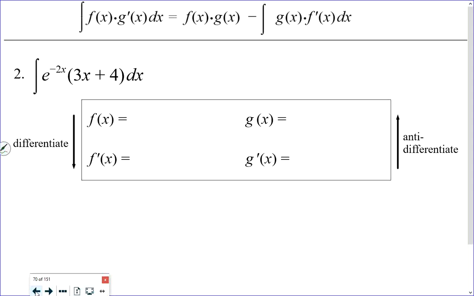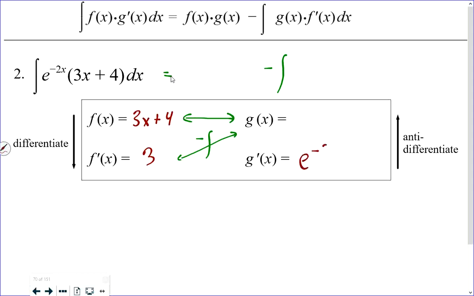Because, and I'm going to actually cut to the chase here, it's going to be the product of these two, but more importantly, it's minus the integral of the product of these. So if we choose 3x plus 4 as f of x, that new integral doesn't contain 3x plus 4. It contains something simpler. It contains the number 3. And a simpler integrand makes our integration easier. That would mean we would have to choose e to the negative 2x as g prime of x.